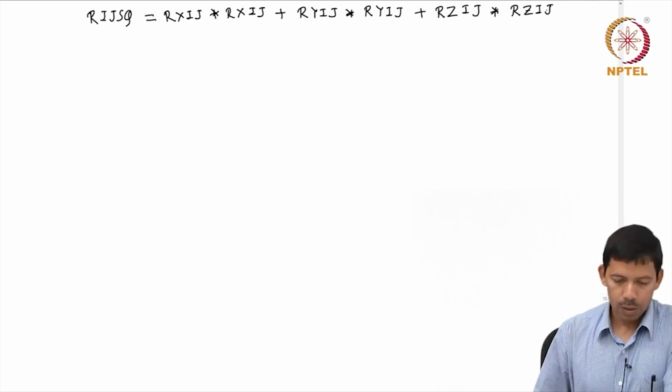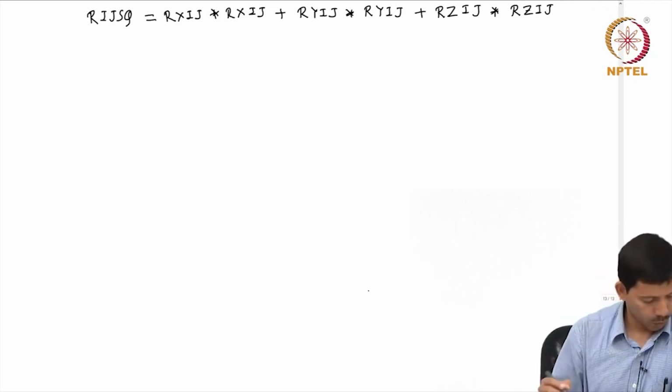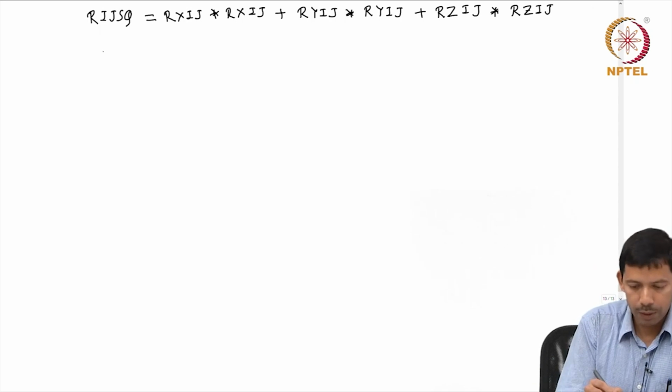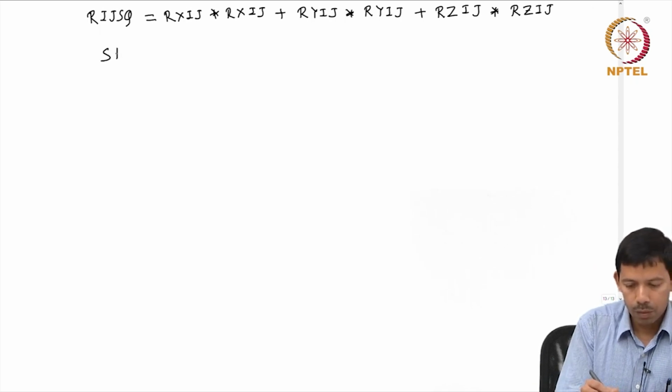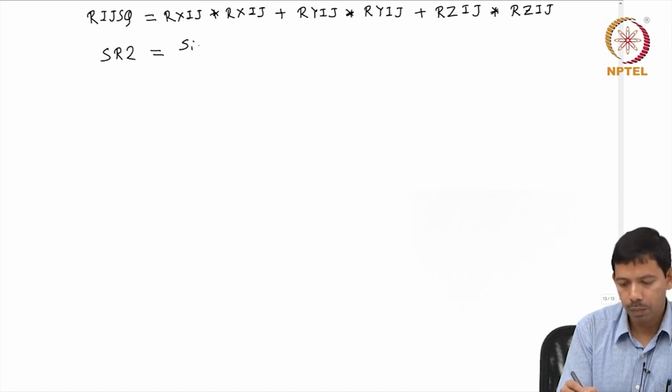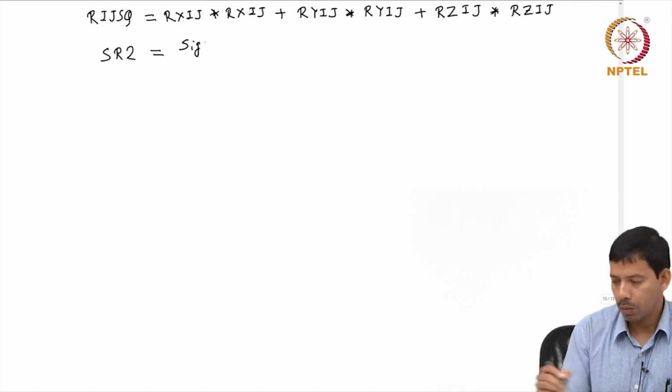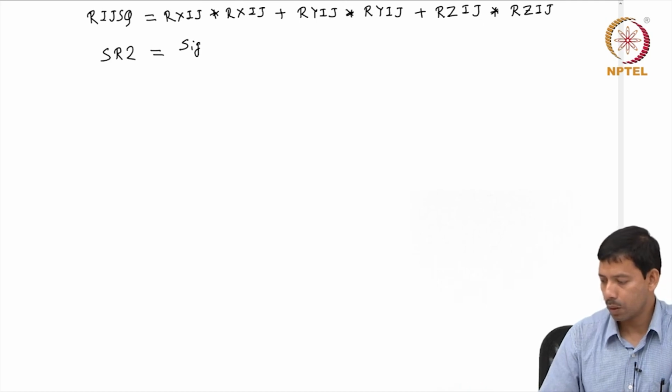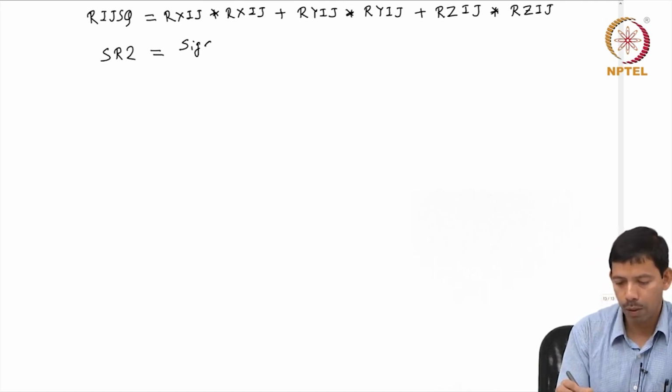And what I need is the 12th and 6th powers. So from here I can define SR2, where SR is basically short range. SR2 is sigma square divided by Rij square.